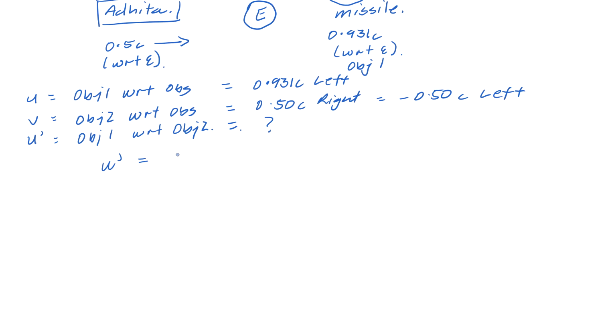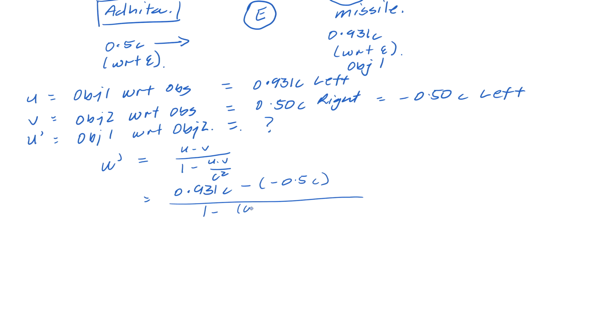So we're looking for U dash, which is equal to U take V over 1 take U times V over C squared. And let's pop those numbers in. So 0.931 C, take away negative 0.5 C, and then I've got 1 take 0.931 C, negative 0.5 C over C squared.